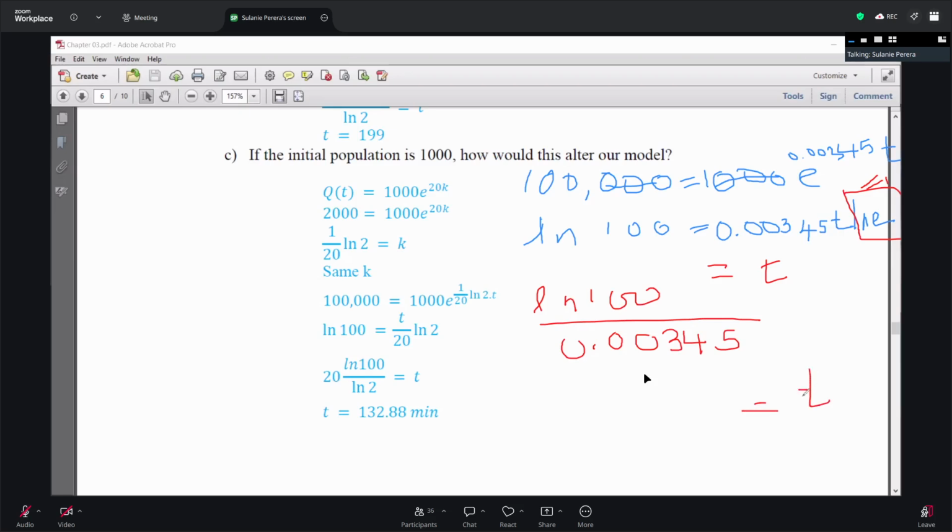What is the value you get for t? Solve it and tell me what's the value you get.